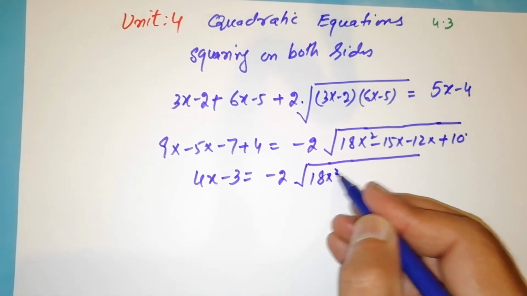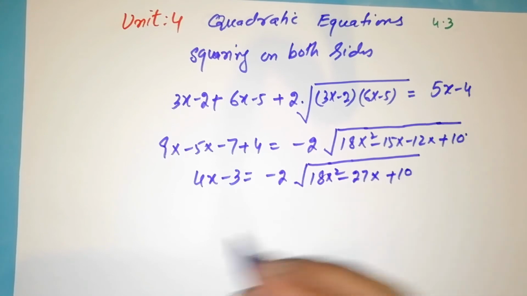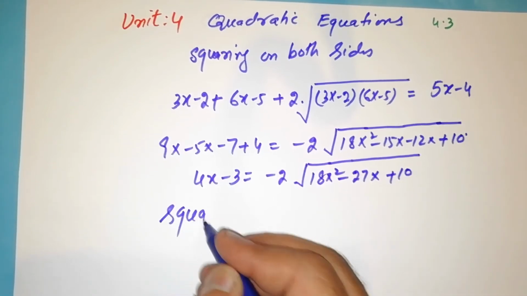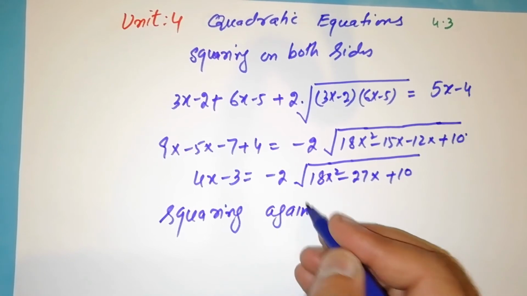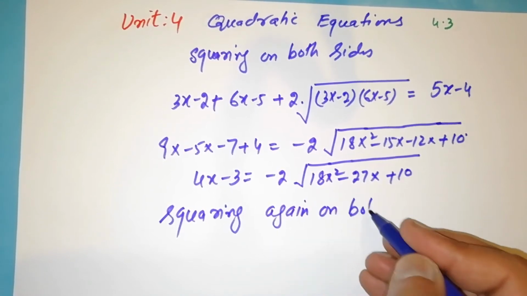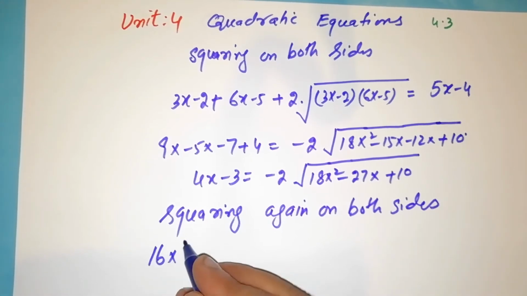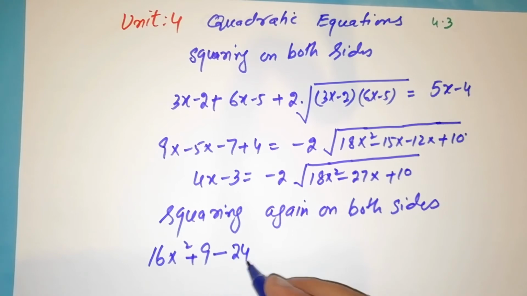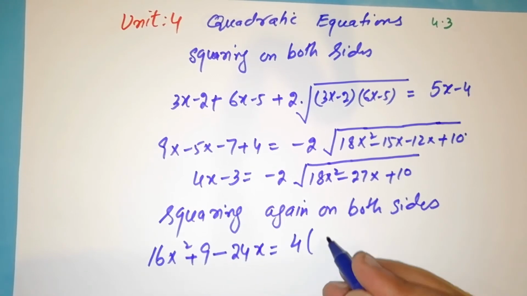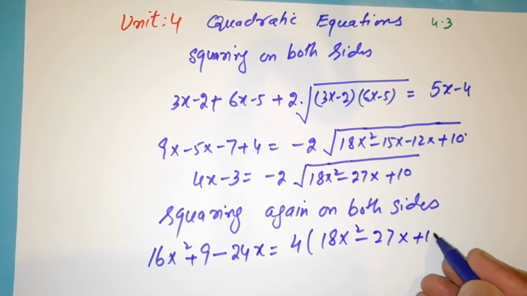and 18x square minus 27x plus 10, squaring again on both sides. So we have 16x square plus 9 minus 24x, this is equal to 4 into 18x square minus 27x plus 10.